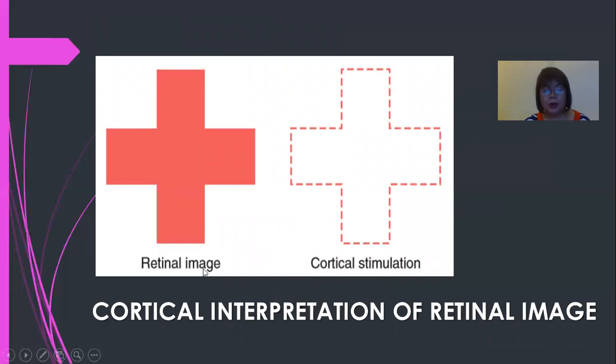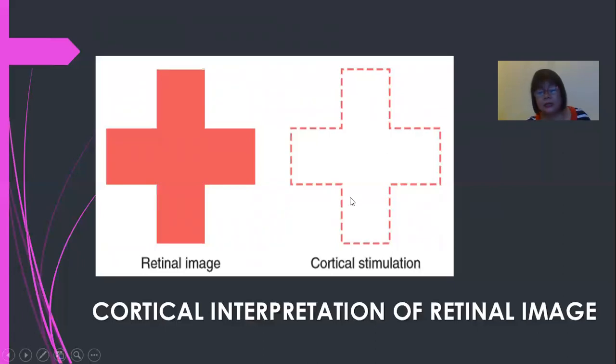Okay, cortical interpretation. So this is the retinal image, it's a cross. When this image reaches the cortex, it is only registered as contrast between this white here and the red. So this is what you see in the cortex. Then this will now send signals to the association areas, and you will now see that it is red inside there.